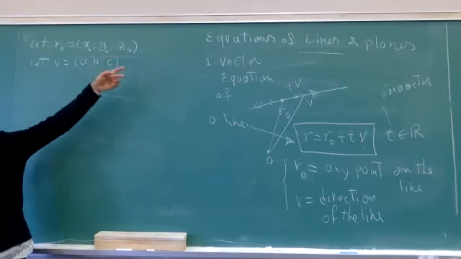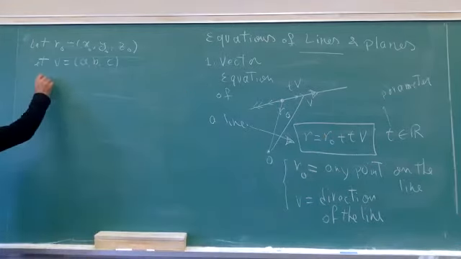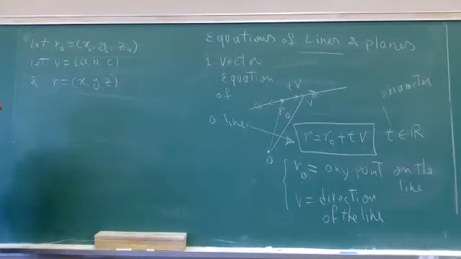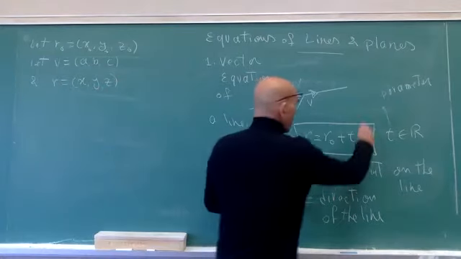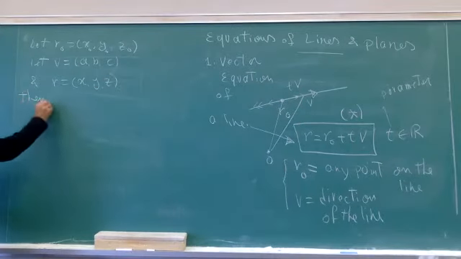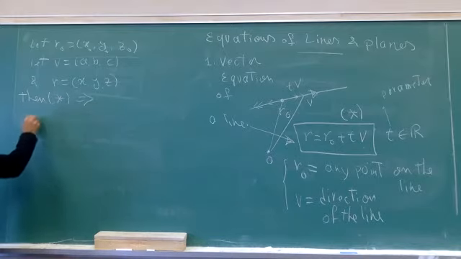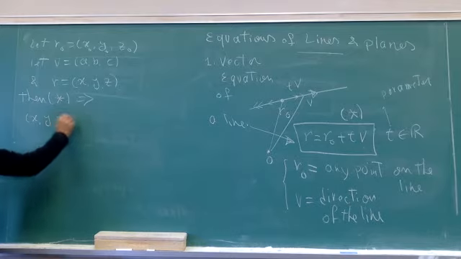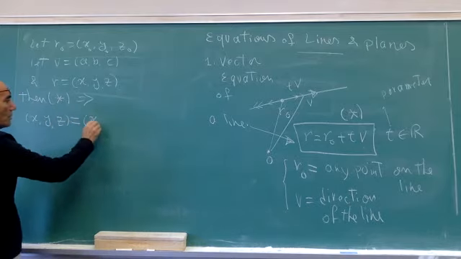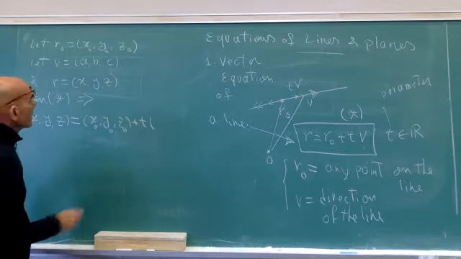Then we are going to write this vector equation in x, y, z, right? And R equal to x, y, z. Then this equation star tells us that x, y, z is equal to x0, y0, z0 plus t times a, b, c.